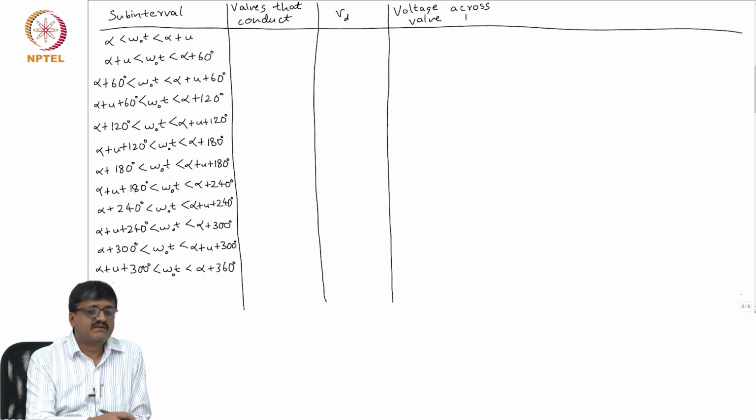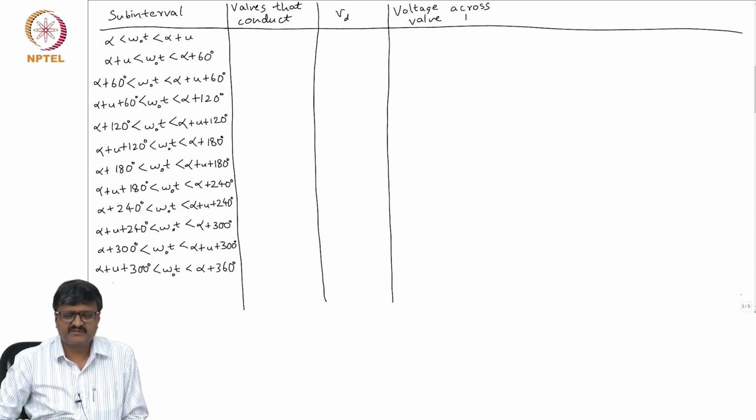So, that completes one full cycle consisting of 12 subintervals.